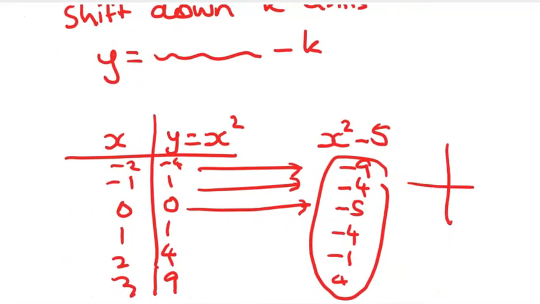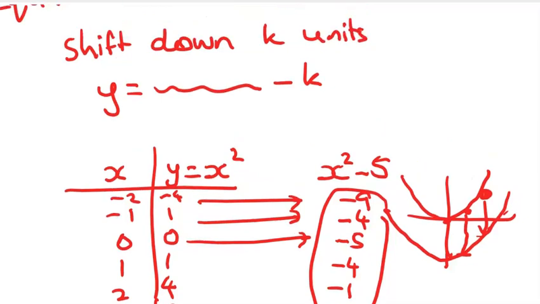And so what we've got on the graph is that if we had a point here, taking 5 off it drops it down by 5. So we have a parabola that's been shifted down. And that will work if it's a parabola or a cubic or an exponential or anything. So for a vertical shift, we just put minus k to shift down and we put plus k to shift up.